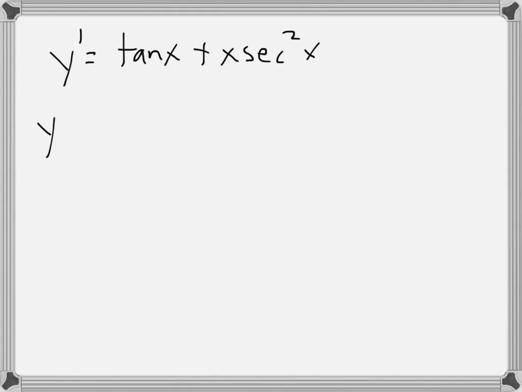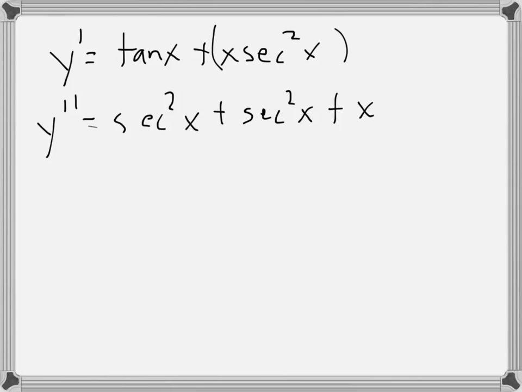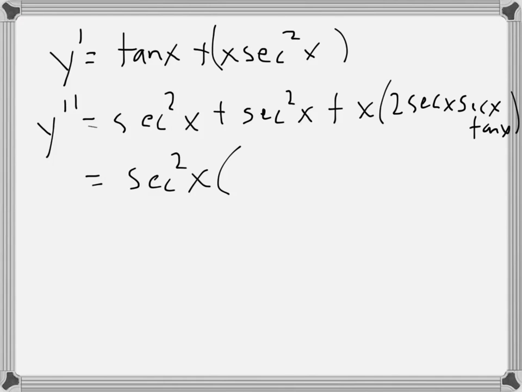So now the second derivative is going to be secant squared x plus secant squared x, so now I got to use the product rule, plus x times 2 secant x secant tan x. So if I factor secant squared x out of everything, I get 2 plus 2x tan x.